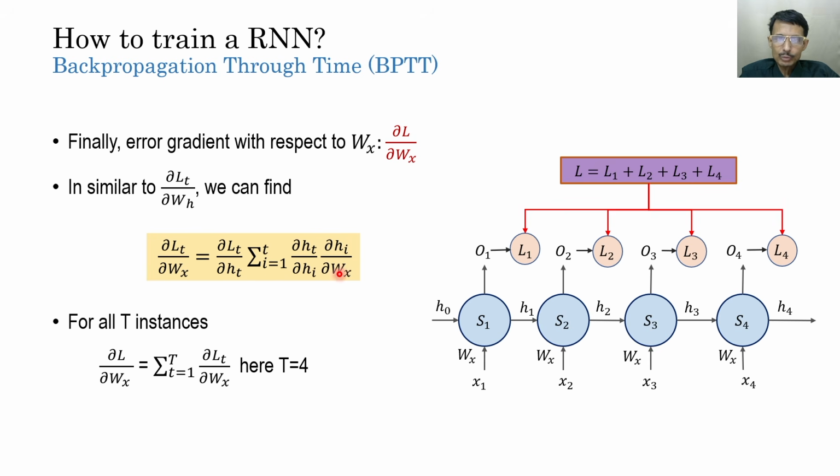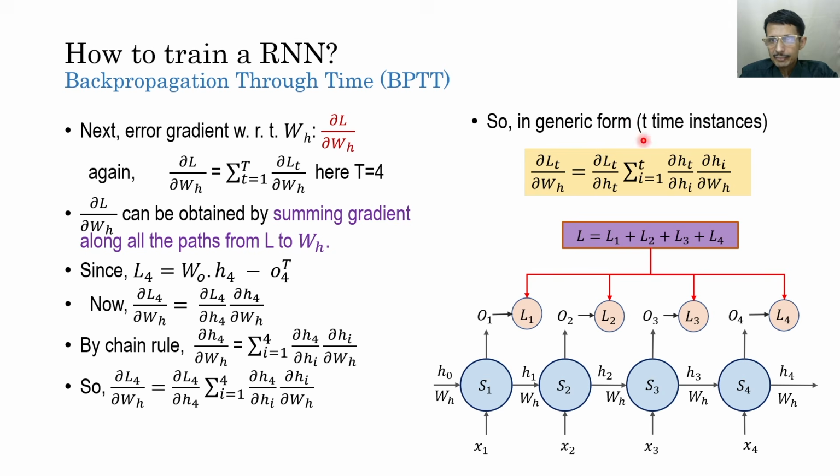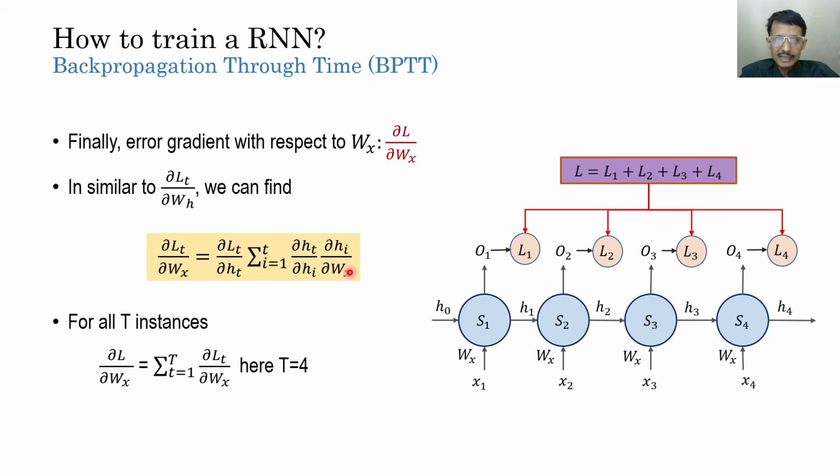The only difference is we put Wx here other than Wh. Otherwise these two are the same. And for all t time steps we can sum it up to find ∂Lt/∂Wx. So that is the only thing.